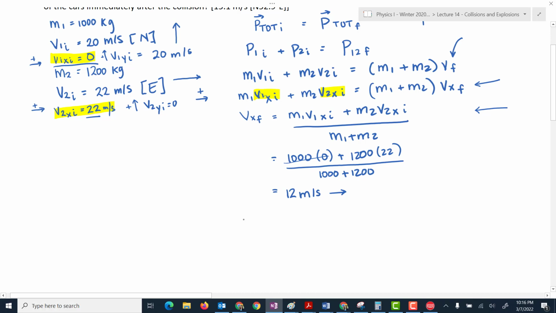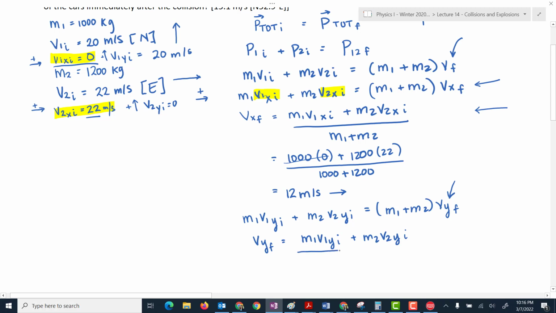So I have m1 v1 y initial plus m2 v2 y initial equals m1 plus m2 times vy final. Then I'll solve for vy final, and I get vy final equals m1 v1 y initial plus m2 v2 y initial, there's lots of subscripts going on, over m1 plus m2.